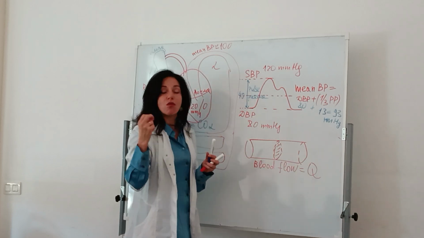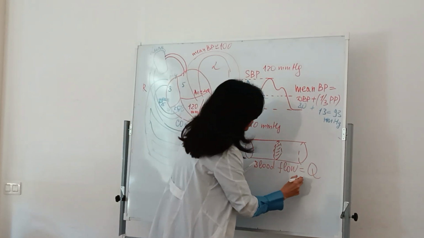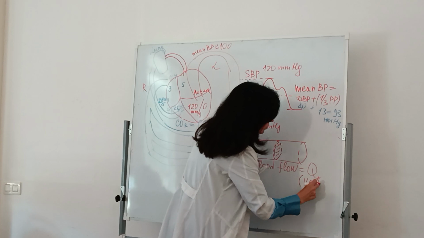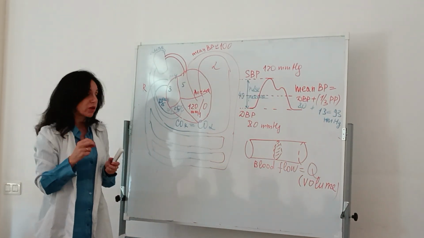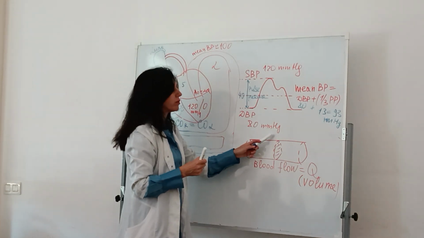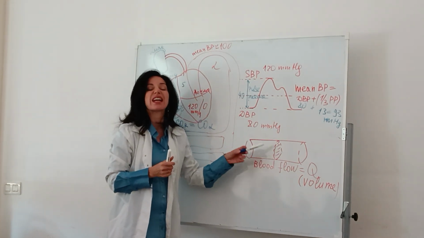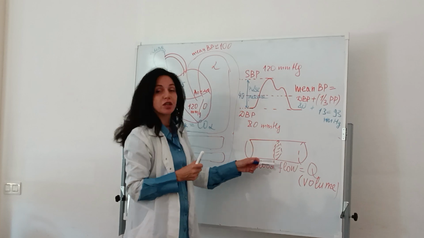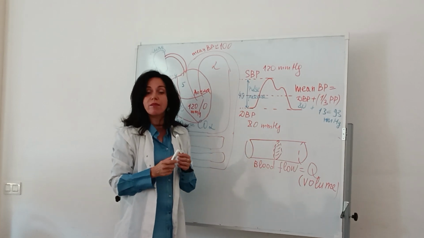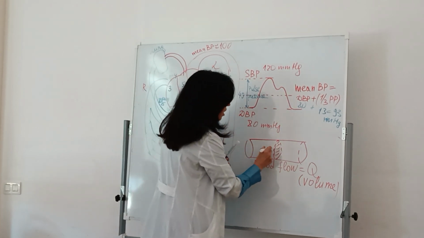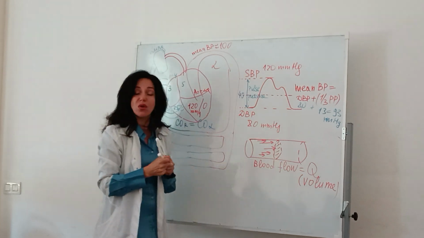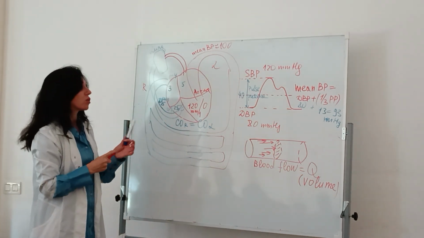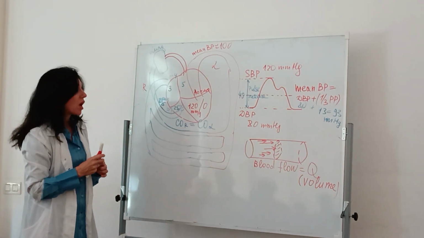Q is volume, the volume of blood. How many milliliters of blood are flowing across the cross section per minute.